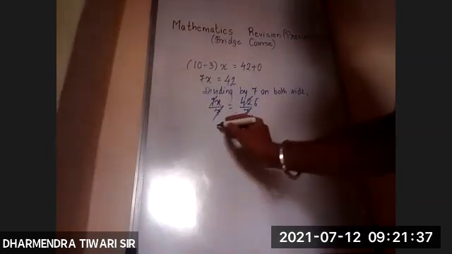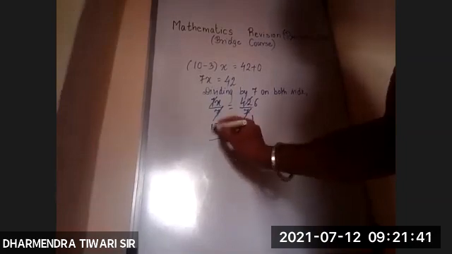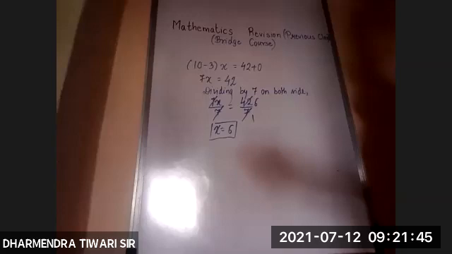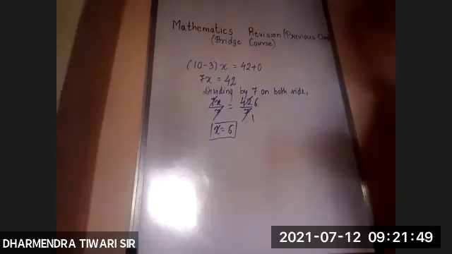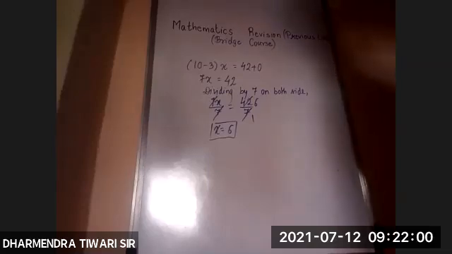So what do we get? We get x as 6. You can see how the problem was showing a bit of complication, but after using rules and operations which were learned by us earlier today, the problem becomes so simple and we got the value of x.